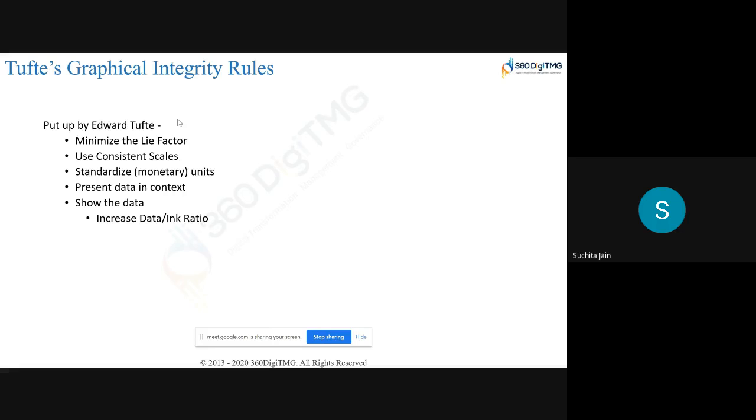What are the solutions that you are trying to tell through your data? It represents a story. Okay, so show the data and increase the data-ink ratio. So again, you show the data in a way that it tells a story. It should have a crux to it. It should not be just random pie charts and graphics. Okay.